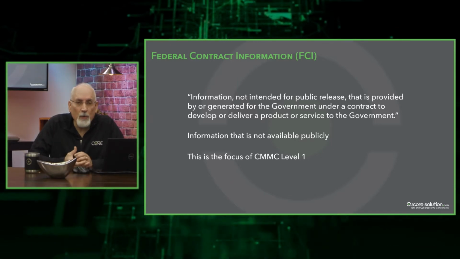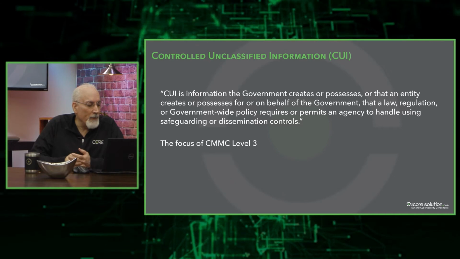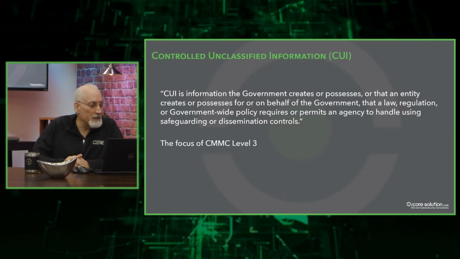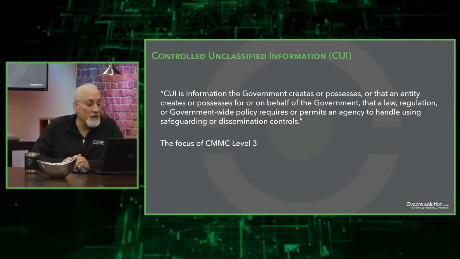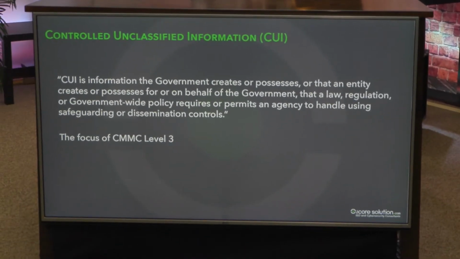Now, CUI, or Controlled Unclassified Information, is information the government creates or possesses, or that an entity like your company creates or possesses for or on behalf of the government, that a law, regulation, or government-wide policy requires or permits an agency to handle using safeguarding or dissemination controls.